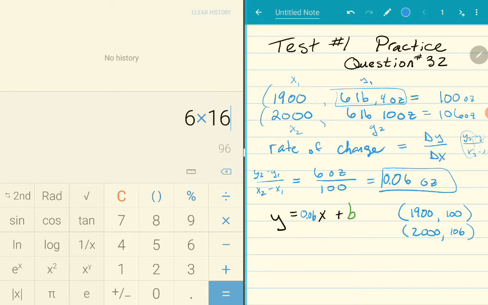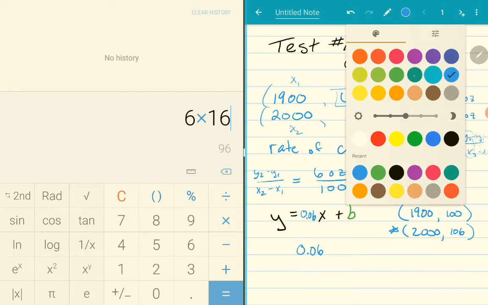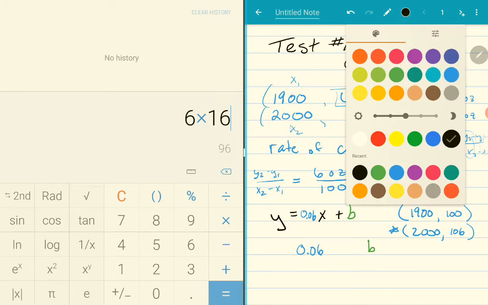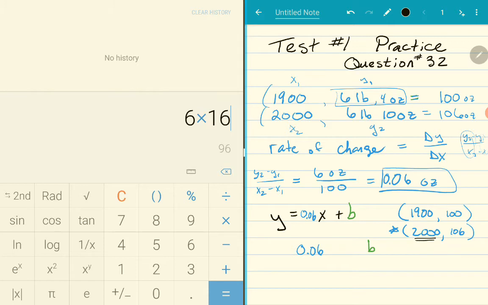So I now have 2 ordered pairs. I really just need one of them so I can find B. I'll plug in the 2000 because I like 2000. I'm going to keep my 0.06, and I have to solve for B. When x is 2000, then y is 106.